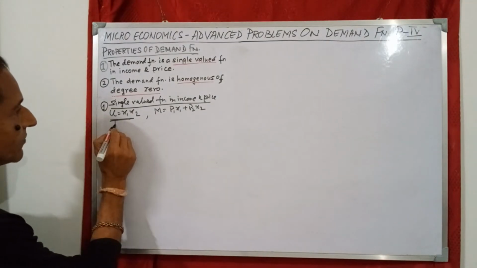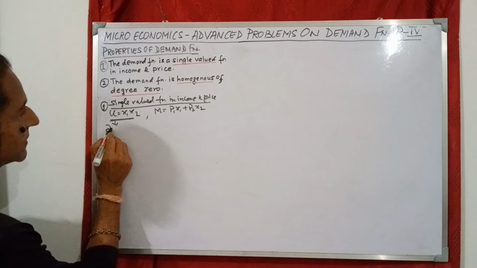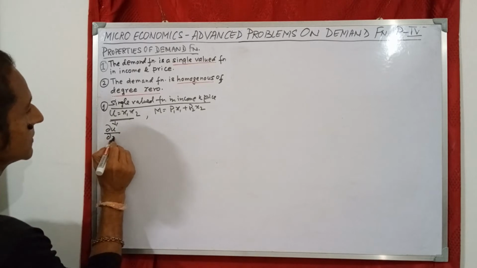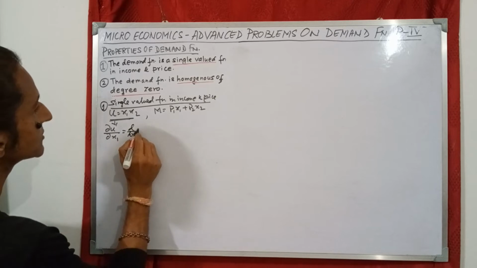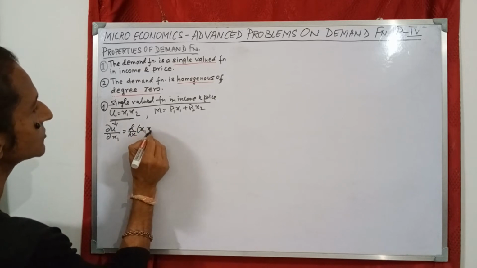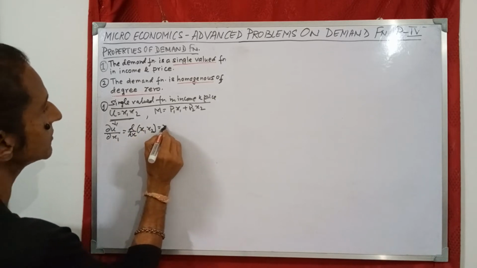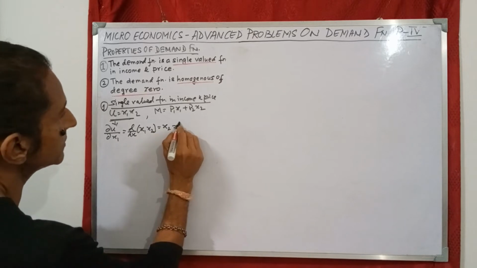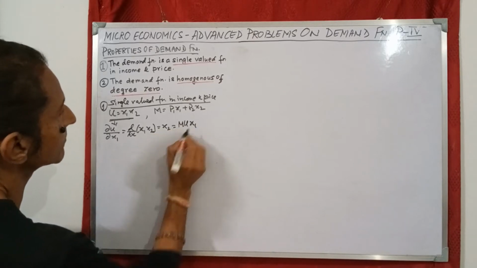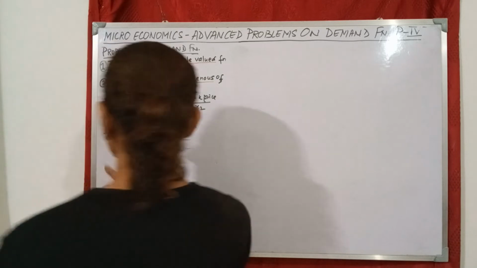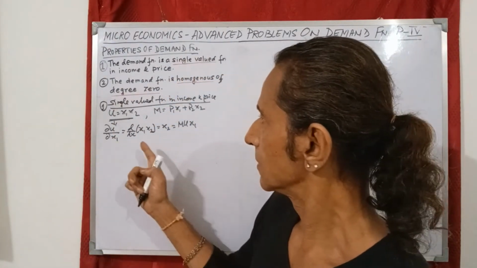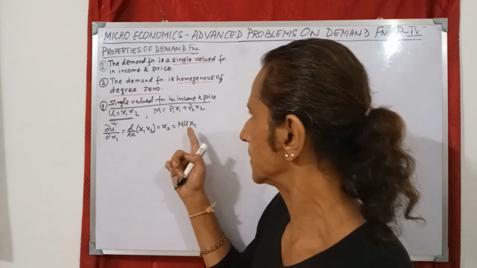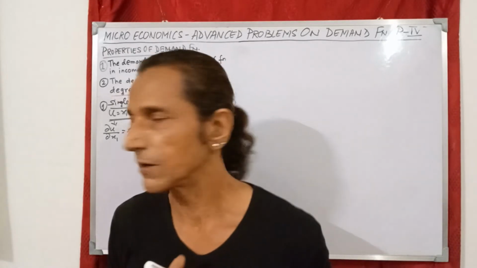From this utility function, we get del u by del x1 equals d by dx1 of x1 x2, which is equal to x2. This is MU x1. That is, we have differentiated utility with respect to x1, that is x2, and that is the marginal utility of x1.